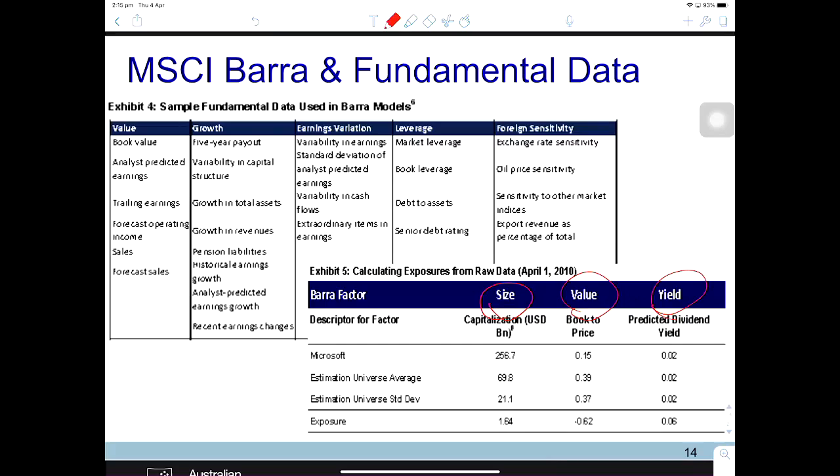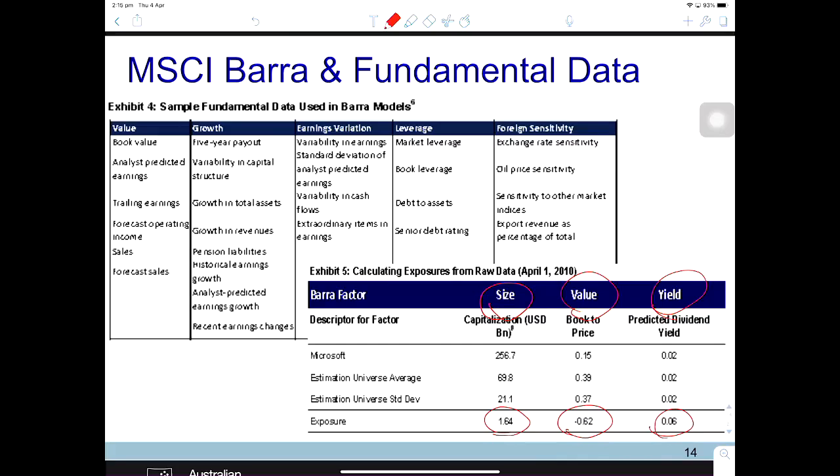So in this model, you have an estimation of the exposure in terms of these factors of 1.64 for its size, and negative of 0.62 in terms of value, and yield, which is very close to 0.